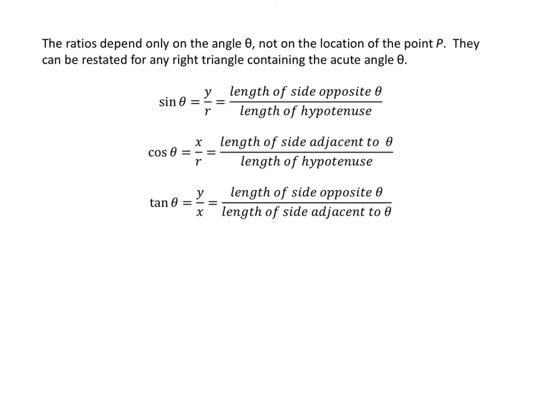The point P along the hypotenuse that created the distance of the hypotenuse can be located anywhere. So that distance doesn't matter because these ratios don't change, which is why we always say sine is opposite over hypotenuse.